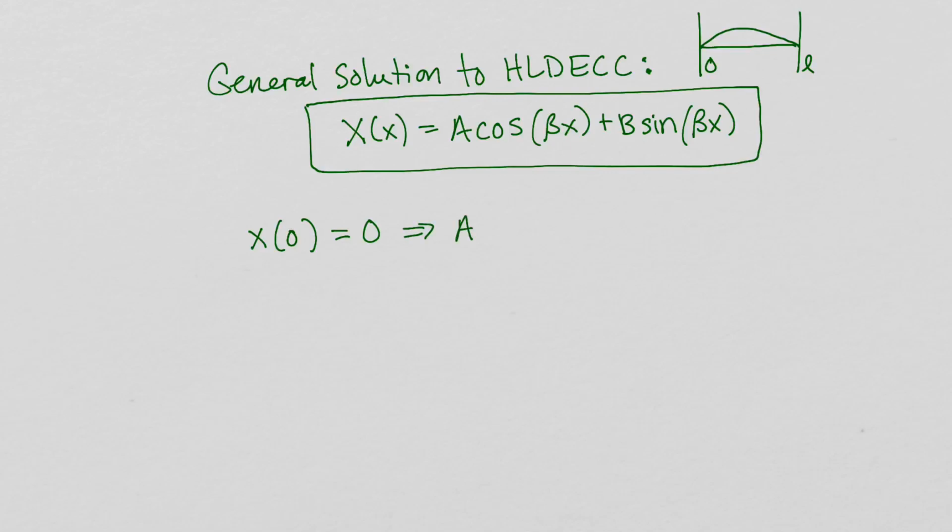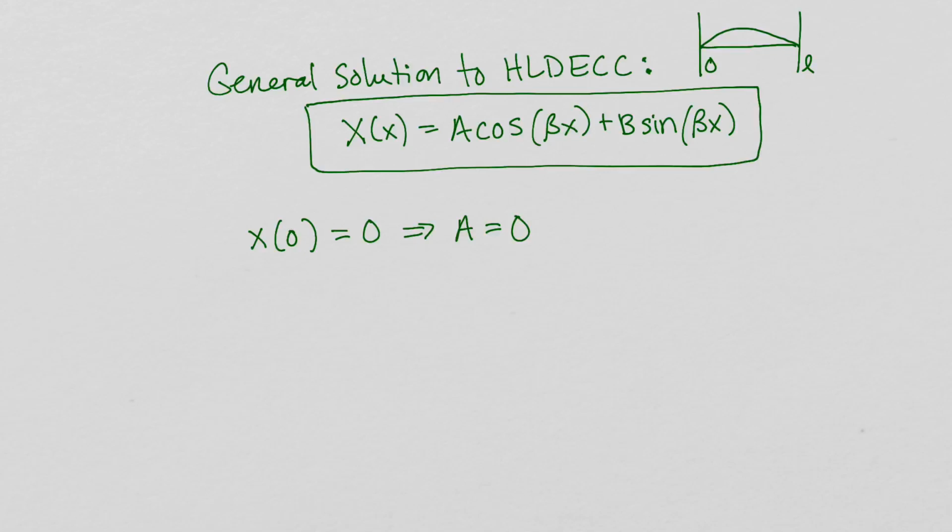which tells us that our A is 0. Okay, now is a good time to maybe pause the video and double check that result for yourself. So just plug in 0 for your x's. You have to remind yourself of the values for cosine of 0 and sine of 0. But take a minute and verify that result for yourself.